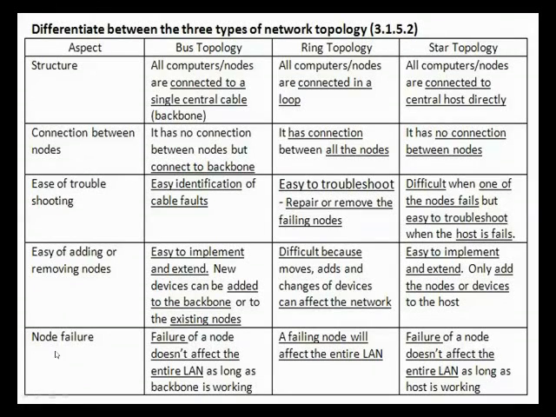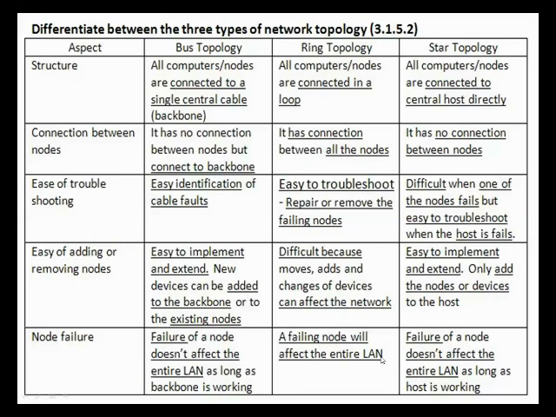Host and node failure. In bus topology, failure of a node doesn't affect the entire LAN, LAN being the abbreviation of local area network, as long as the backbone is working. In ring topology, failing nodes will affect the entire LAN.